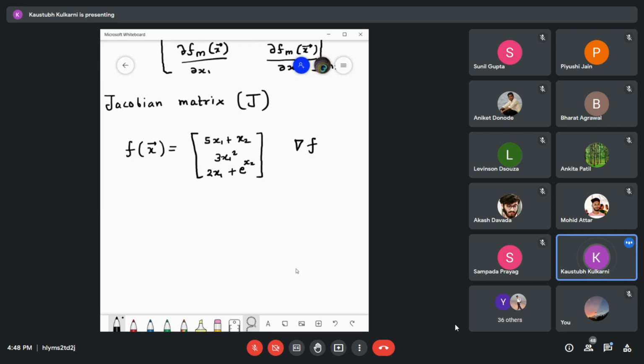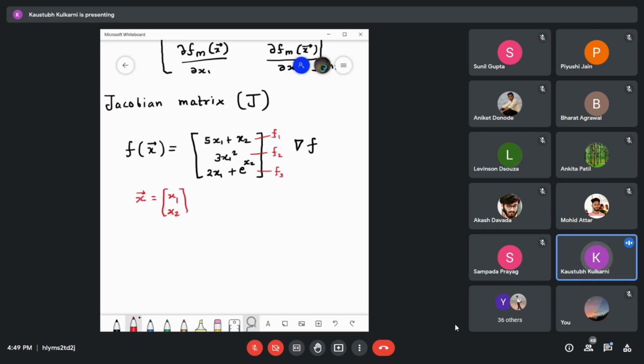Take some time and try to solve it on your own as well. This is f1, this is f2, this is f3, and the x vector is x1, x2.